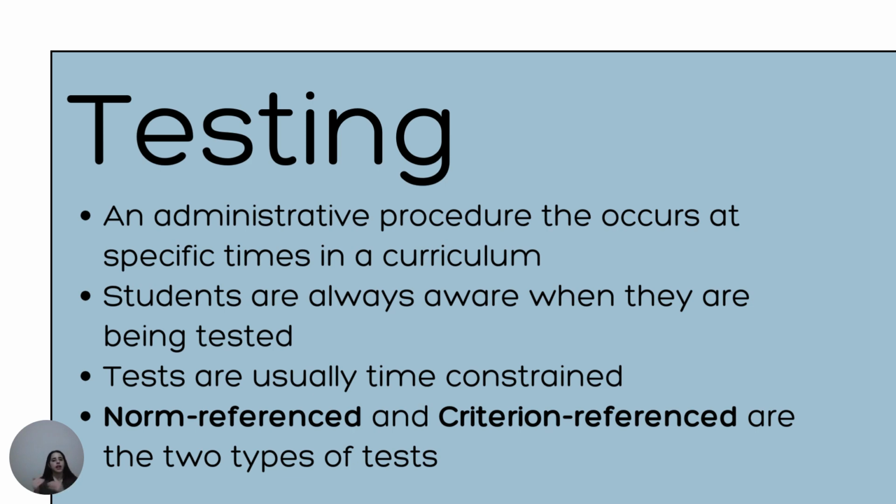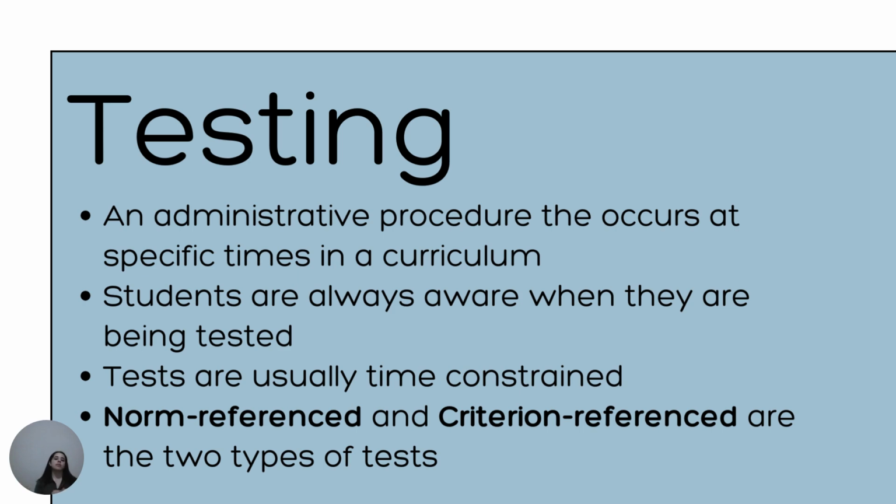We always inform our students that they will have an exam, a test, and it's a procedure that occurs at specific times in a curriculum. In middle school we generally have the first, second, and third exams, but in the university we have midterms and finals, right?